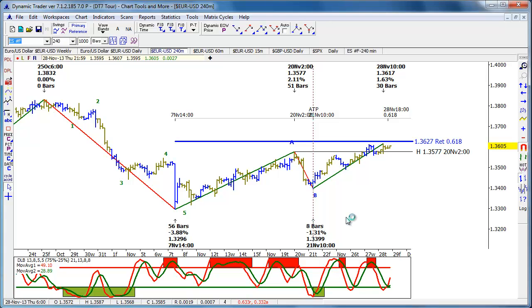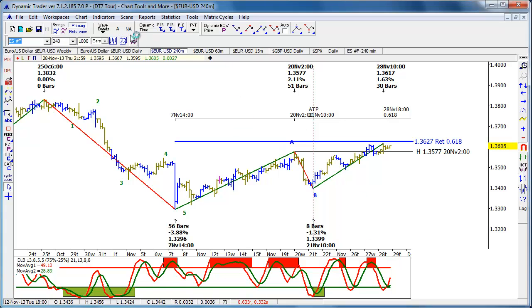A weekly high meaning that the next 240-minute bear reversal should coincide with a daily and a weekly high. So that's pretty exciting. That means that right now we're in a great position to look for not just a short-term trade, but a trade lasting anywhere from a few days to a few weeks on the short side of the euro dollar, coming up within probably the next trading day.